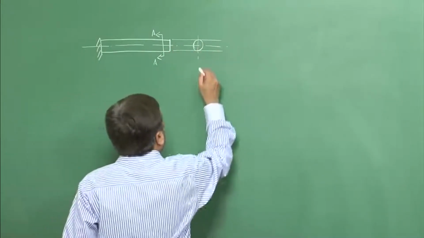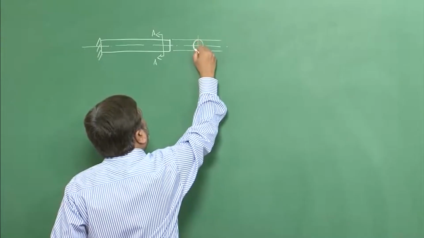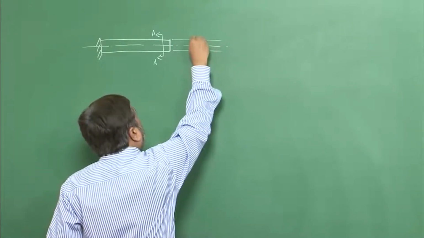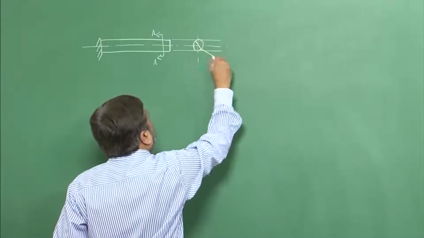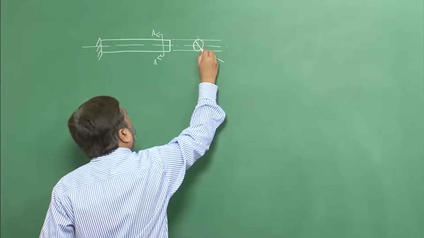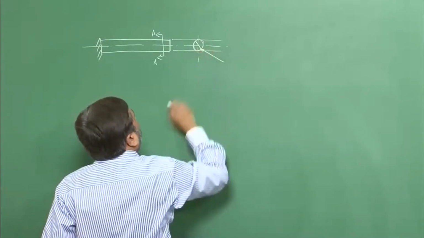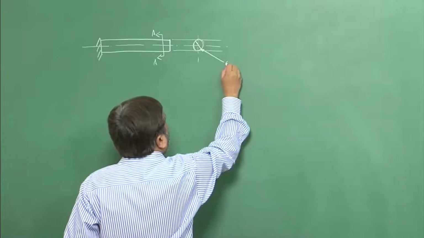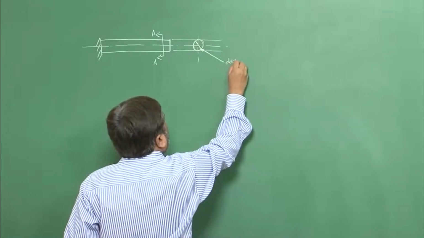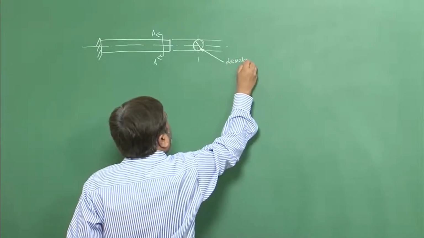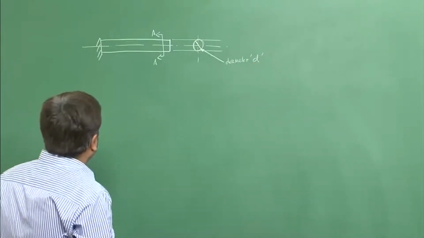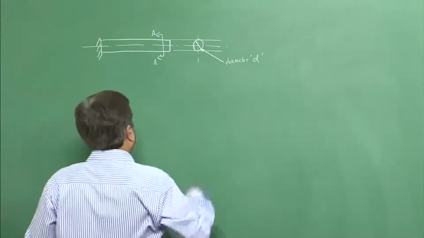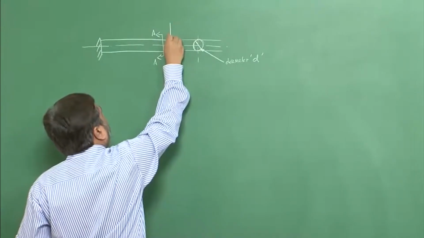So, the cross section is circular. Let us assume that the diameter is D in this case, and this circular beam has an end load F.